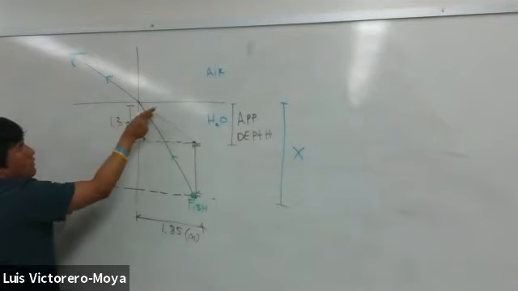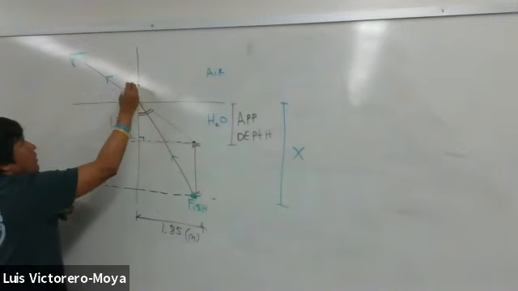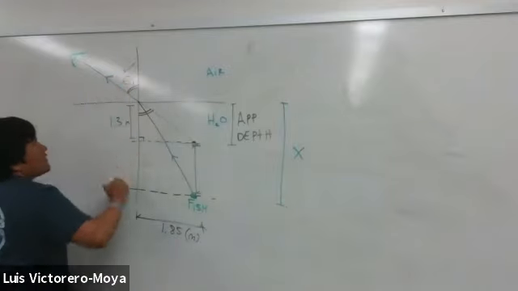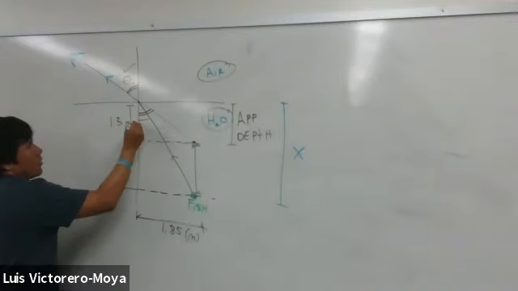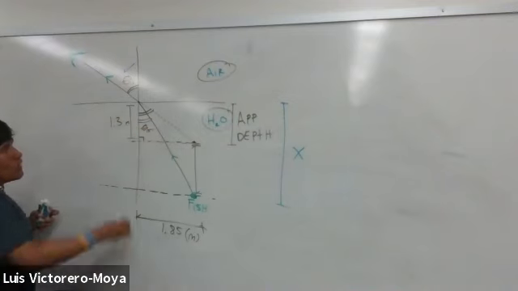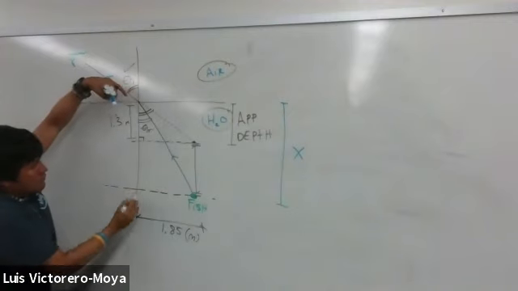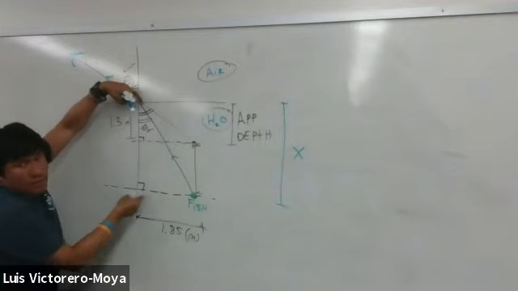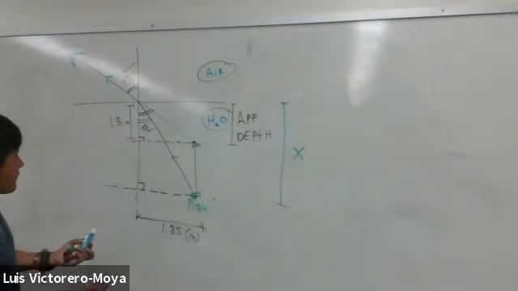And this angle here happens to be what? The angle of incidence, theta I. And if you have the angle of incidence and you know the mediums, you can find the angle of refraction, theta R. If you know theta R, you can find this whole leg, because you have this leg here. So you're kind of going backwards, huh?